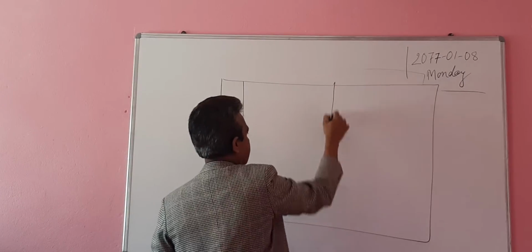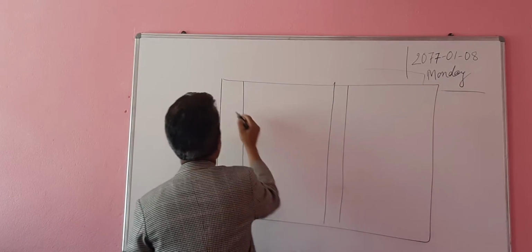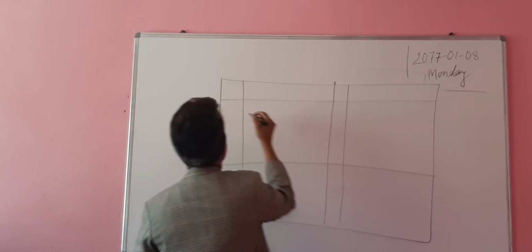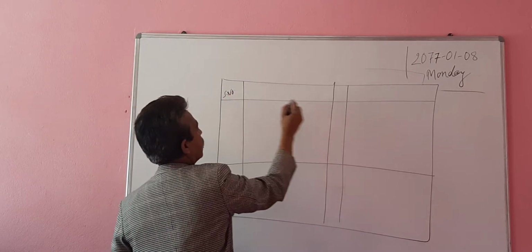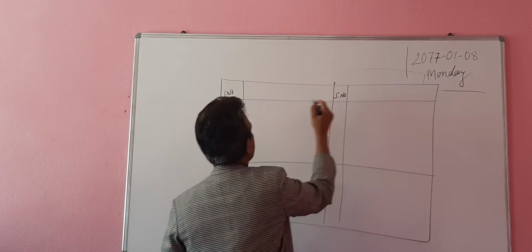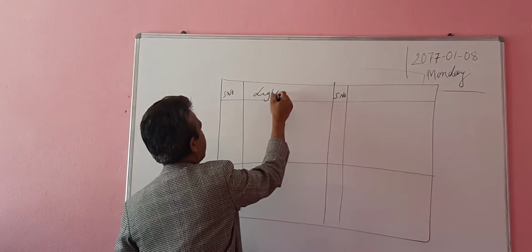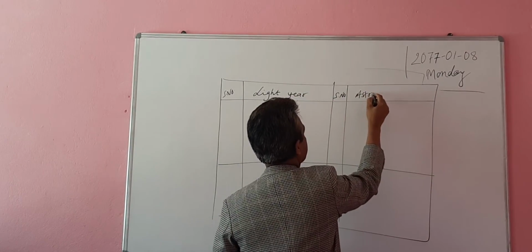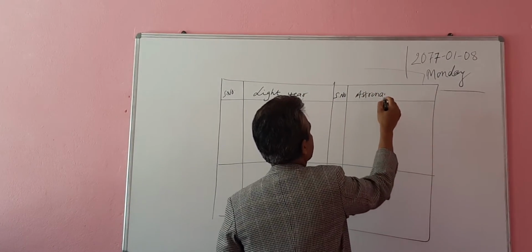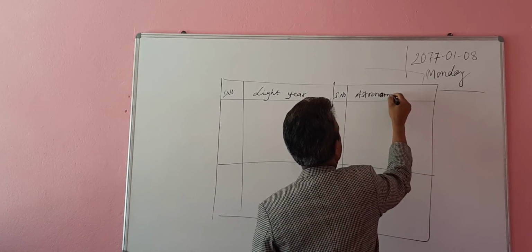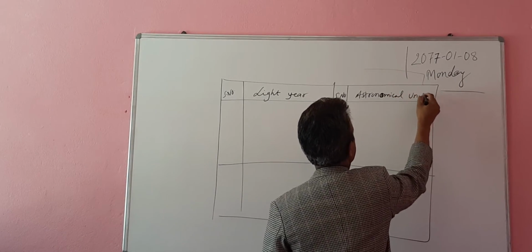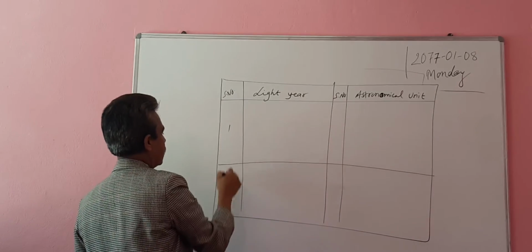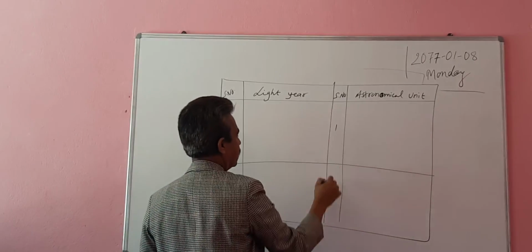You have to make a clear-cut table. Remember, the table must be attractive. Light year, astronomical unit. Number 1, 2.